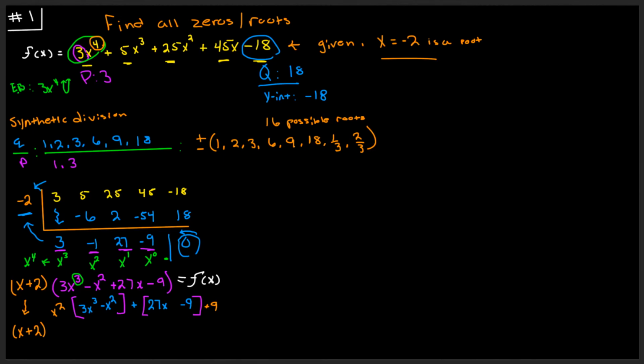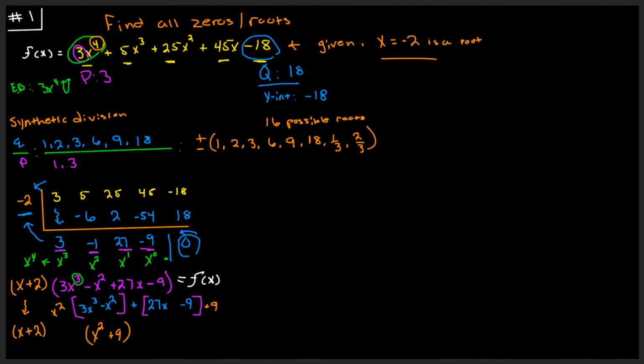This is some sort of voodoo witchcraft, like I said, and it doesn't really have to make sense to you, just as long as you know how to do it. You take these two like terms as your first factor, and these two as your second factor, which is going to be, actually, I should write these off to the side here.